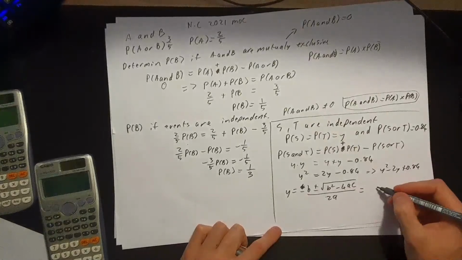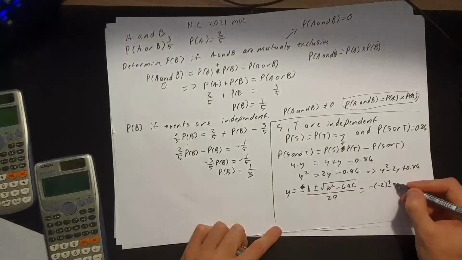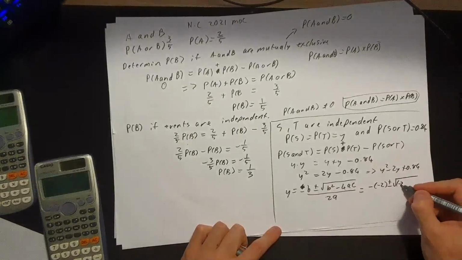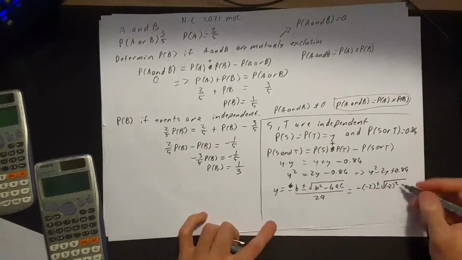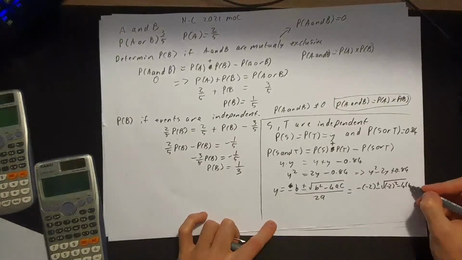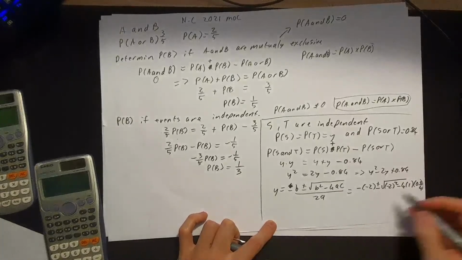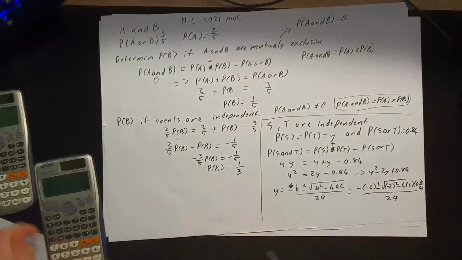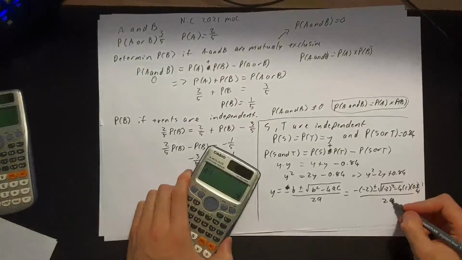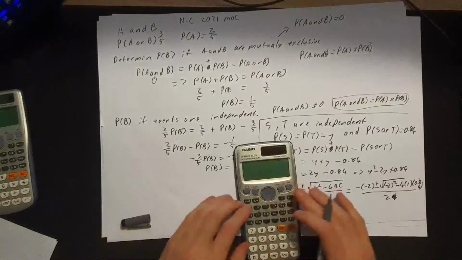So therefore that's going to be negative 2 plus minus the square root of negative 2 squared minus 4, a is 1, c is 0.84. Okay, I'm running out of paper there. All over 2a. Okay, so a is 1. Plug this into the calculator.